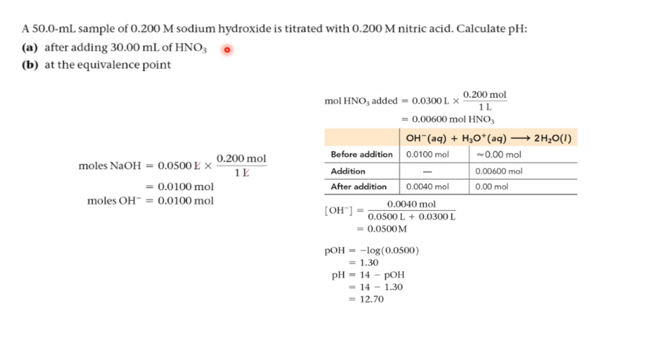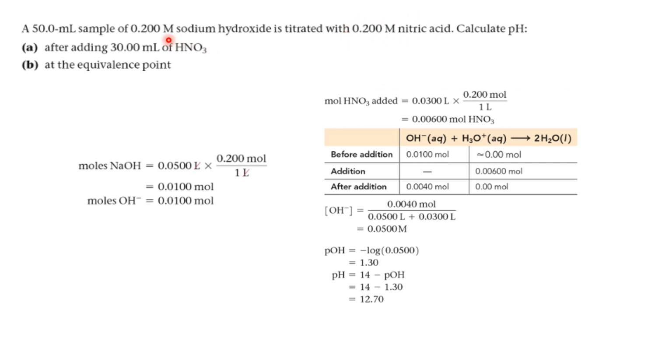So at this point, 30 milliliters, the question is, are we above the equivalence point? Well, what do you think the equivalence point would be? The equivalence point would be when you add 50 milliliters, right? Because you have 0.200 molar sodium hydroxide and 0.200 molar nitric acid, your strong acid, the same concentration.